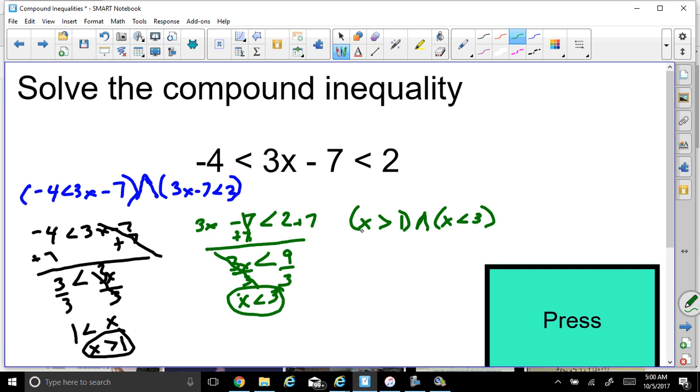So I can rewrite that as an intersection, where I'll put x in the middle, and I'll put my less than symbols. x was greater than 1, so 1 was a smaller number, so 1 is less than x, so I'll put that on the end here, but x was less than 3, so I'll put my 3 at the end here, and now I've written it another way as the solution set. So we just found the solution set written both ways.